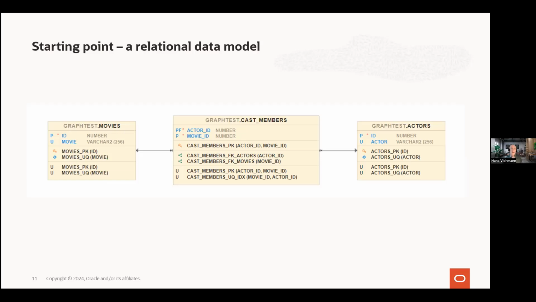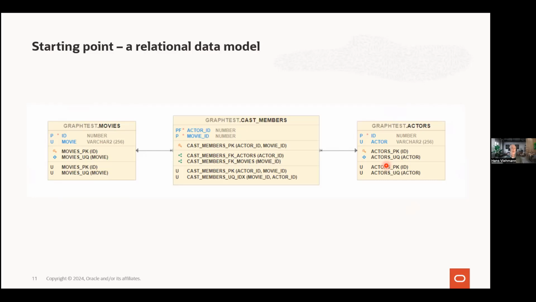But coming back to the data model here, what we have is essentially a data model that consists of 3 tables. We have the movies table, we have the actors table, and because between the actors and the movies there is an end-to-end relationship, right?